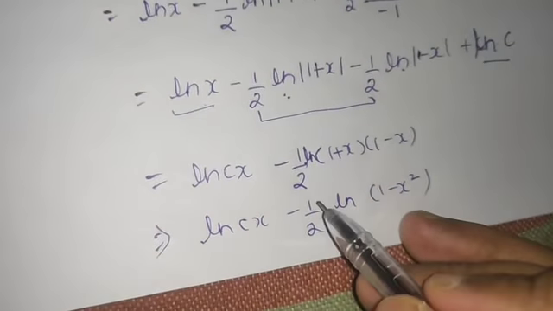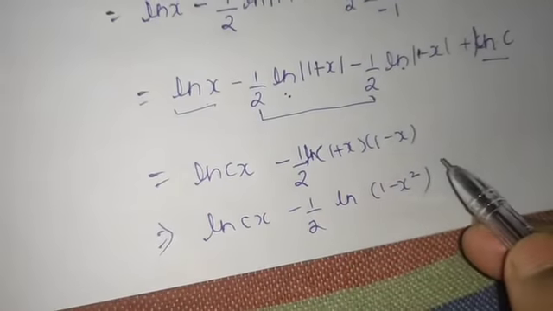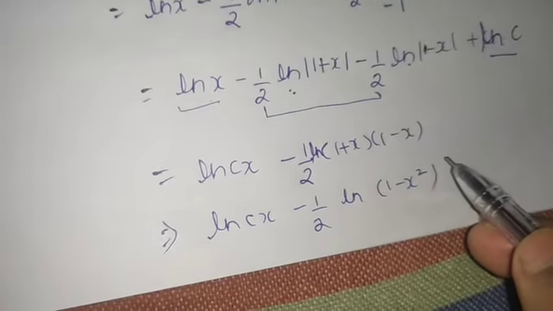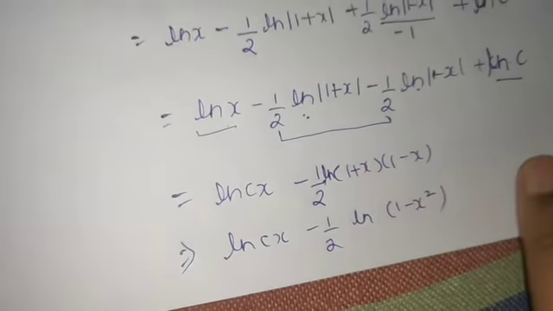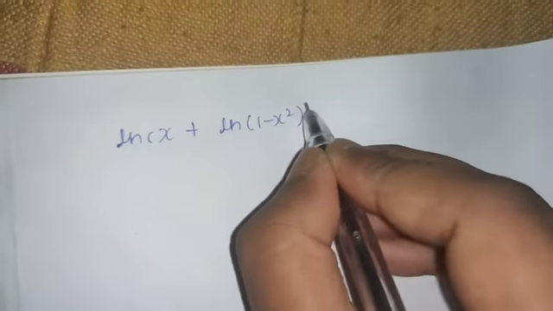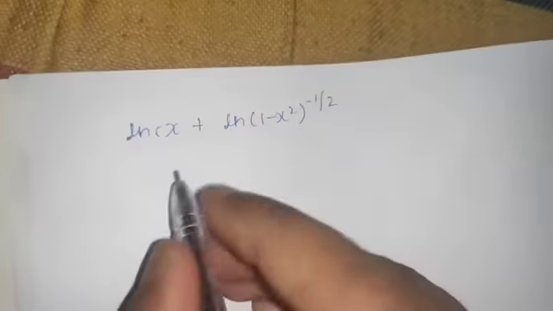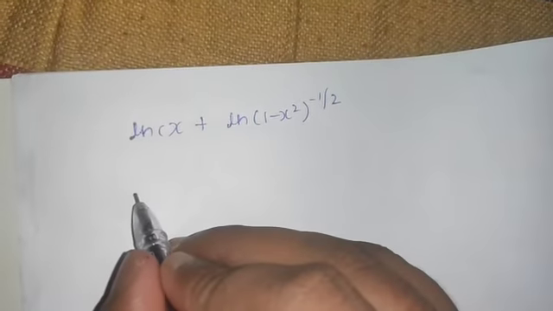Further, if you want, you can take this minus half to the power. So if we move ahead, we have ln cx, minus minus 1 by half is there, so plus, I have taken this minus half to the power. Now again log a plus log b, so log ab.